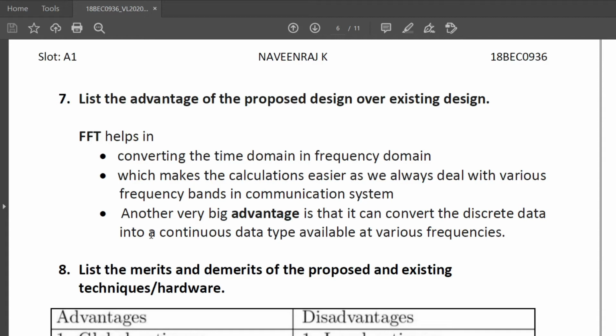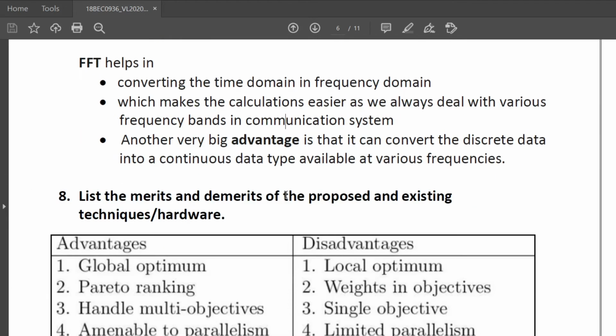It can be converted to any frequency. So we are rescaling it and then converting into a particular frequency. That is the main advantage of FFTs. And it also makes calculations easier as we deal with various frequency bands in the communication system.